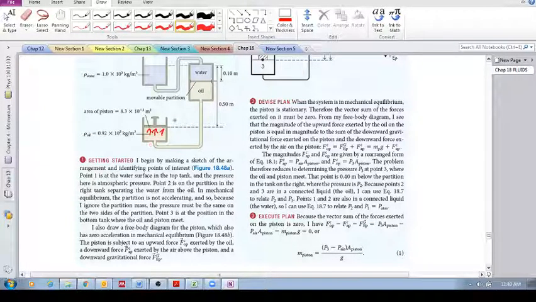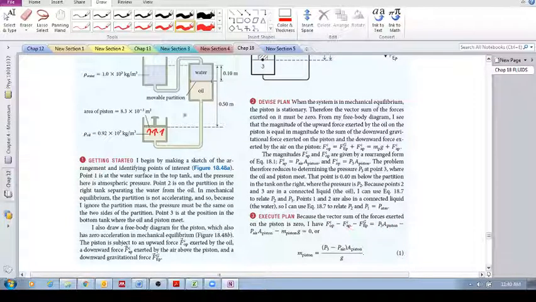But we need to write these in terms of the pressures. So what is the force of the oil being applied to the piston from the bottom? It's equal to the pressure in the oil times the area of the piston. Remember, force is pressure times area.